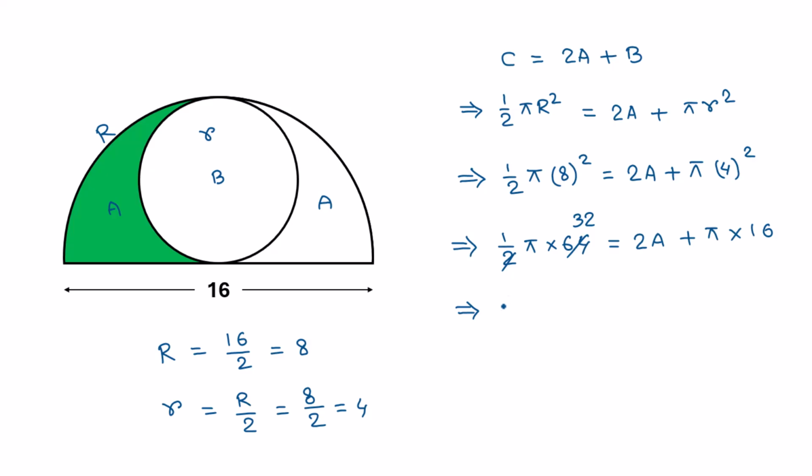So the left side will be 32 times pi is equal to twice A plus pi times 16, which is 16 pi.